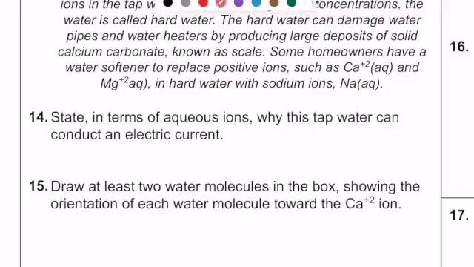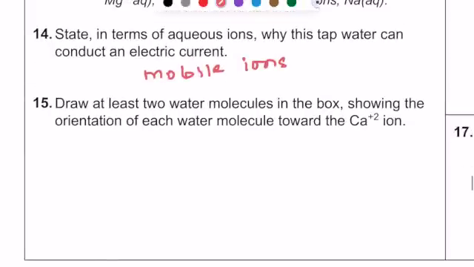State in terms of aqueous ions why this tap water can conduct electricity. So remember, whenever something is able to conduct electricity, that means it has mobile ions, because electricity is only conducted when ions can move. So draw at least 2 water molecules showing the orientation of each water molecule towards the calcium ion. So here we have 1 water molecule, and here we have another water molecule.